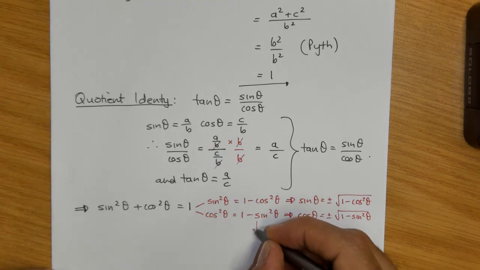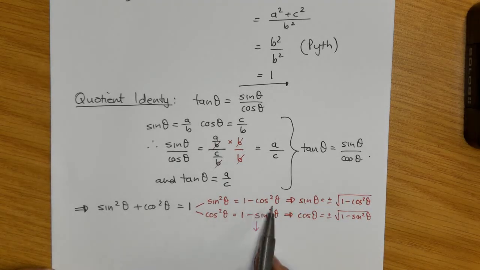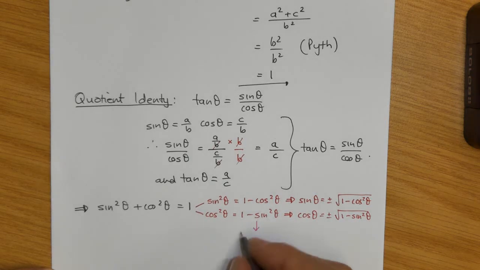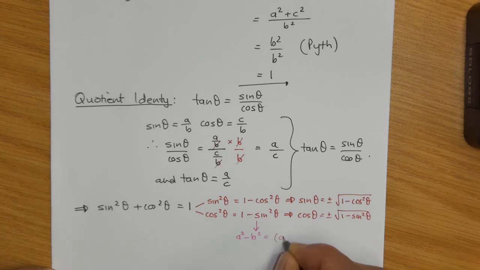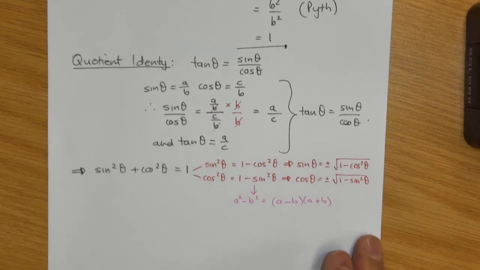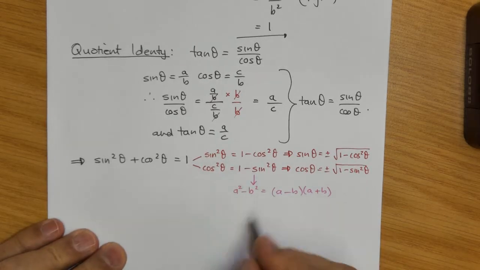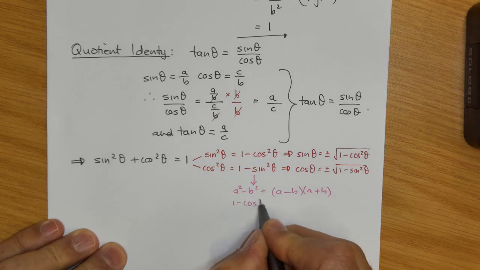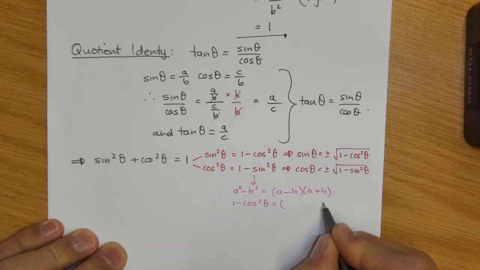Sometimes we are required to factorize this when we work with identities. So just to remind you, you learned that a squared minus b squared is (a minus b)(a plus b), the algebra form of difference of squares. So 1 minus cos squared theta can break into two factors.